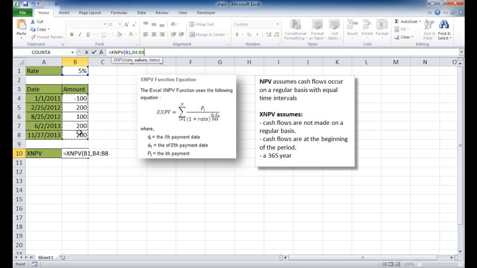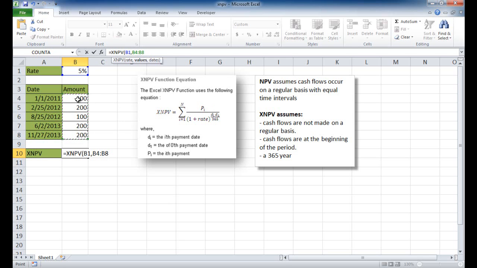Now you'll notice that in the XNPV function, the first value, in most cases, is the cash flow, the initial investment. With NPV, you had to not include that in the values, and you had to add it in or subtract it separately. And I showed that in the previous video I had for NPV.